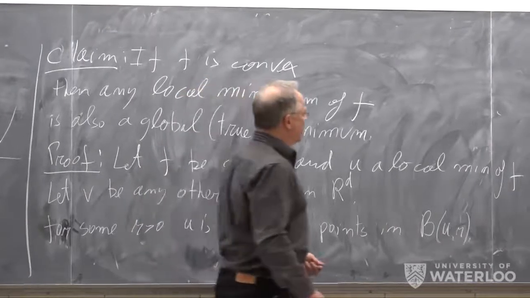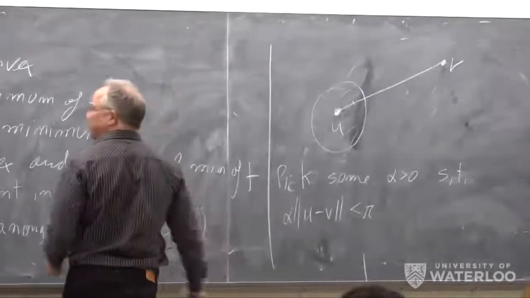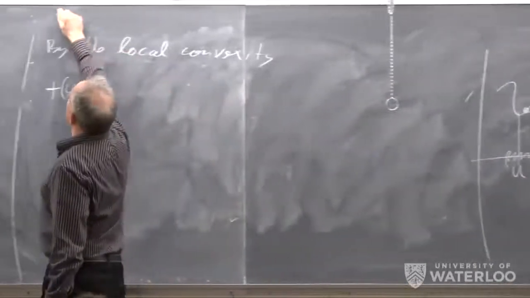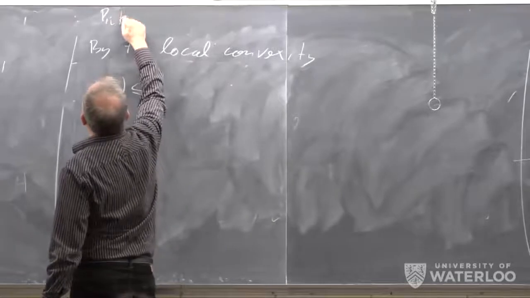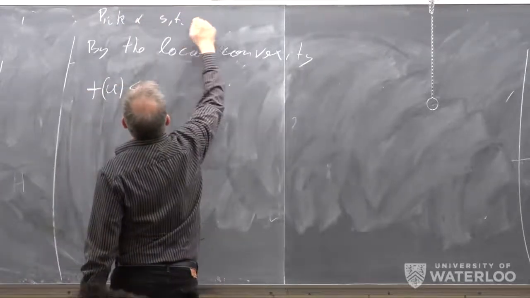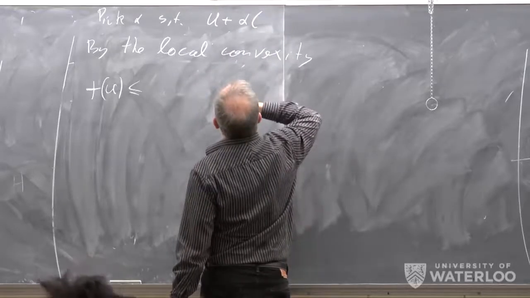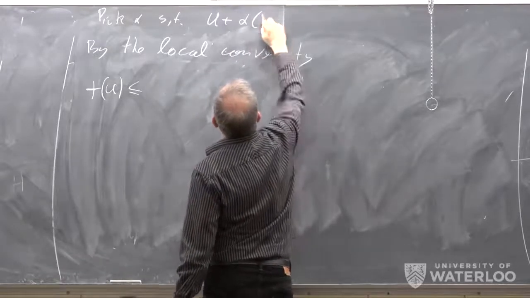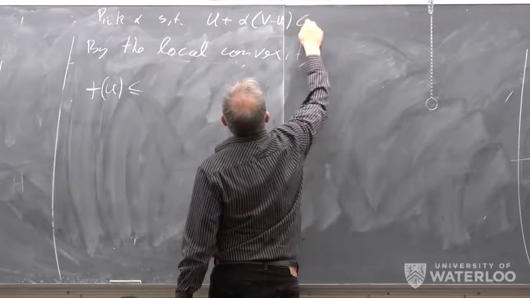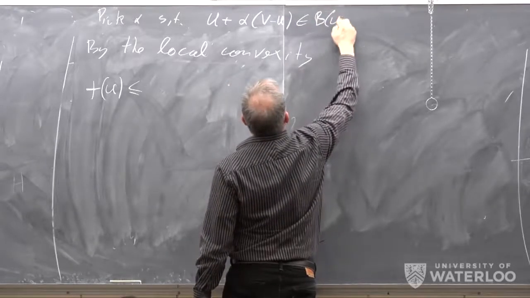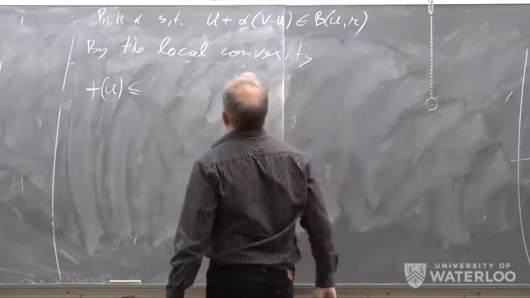Okay, so I want to pick alpha such that u plus alpha times v minus u is in the ball of radius r around u.